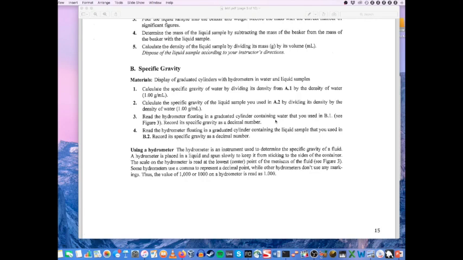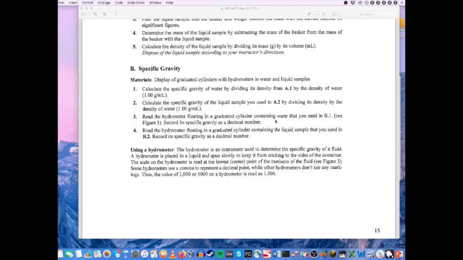All right, now moving on to specific gravity. The first part of this asks you to calculate the specific gravity of water, specifically the water that we used in this experiment, and you're going to divide the density that you calculated in part A1 by the density of water at 4 degrees Celsius, which is 1.00 grams per milliliter.